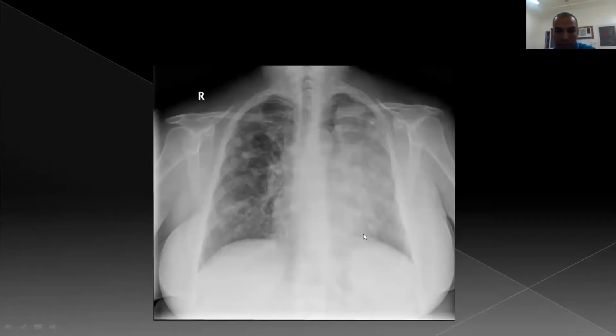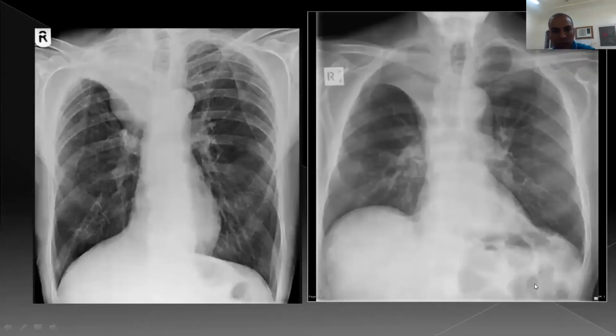Also, this is another case of left upper lobe collapse. It will cause an opacity of the left hemithorax, sometimes sparing an area beside the aortic knuckle. By the way, there are multiple nodular opacities in the right hemithorax, and also multiple nodular opacities in the left hemithorax. This is one of the most important and critical signs for lobar collapse.